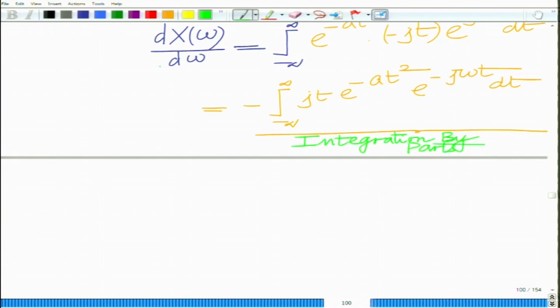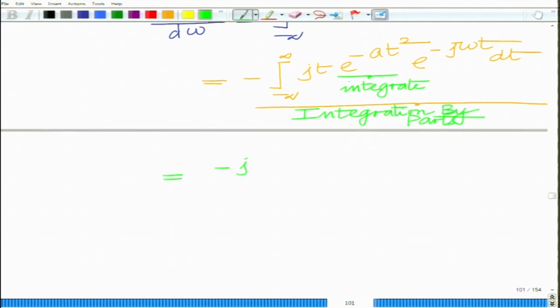We are going to use integration by parts, and when we use integration by parts, what we obtain is this. First I am going to integrate this. So, multiply and divide by 2a. So, this is minus j. So, I have to multiply and divide by minus 2a.